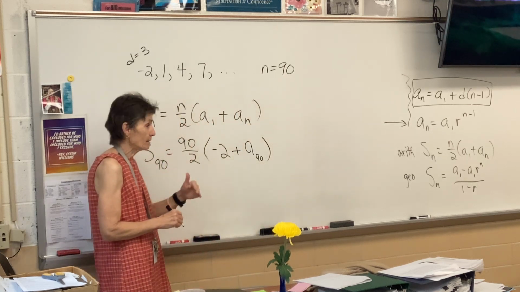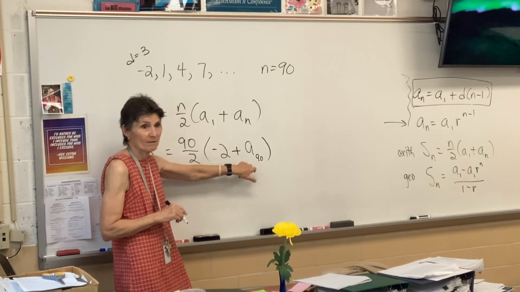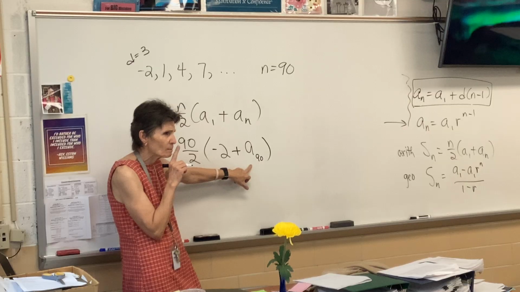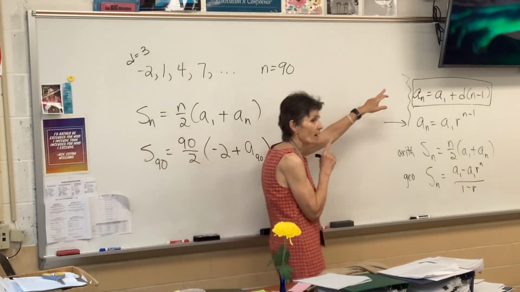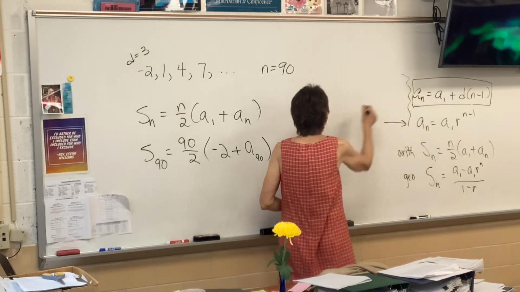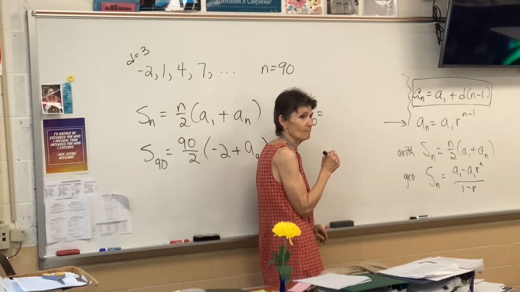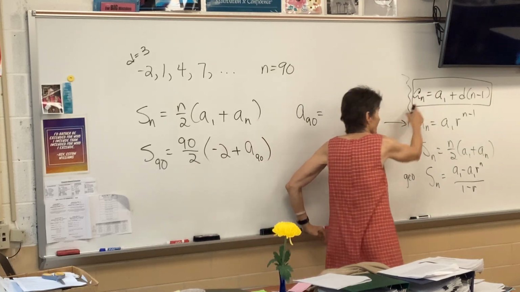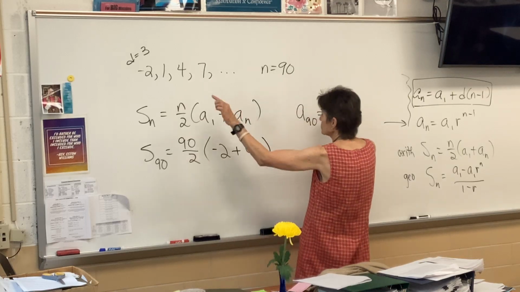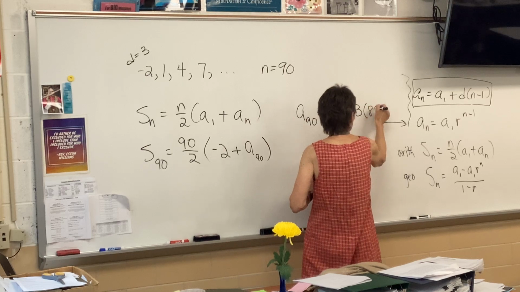So once again, that's my formula, but I'm missing a piece of information. So what did I tell you a minute ago? What do you do if you're missing a piece of information? Go back to the other arithmetic formula. Will that formula give me the 90th term? A sub 90. Well, it's the first term plus the difference times n minus 1.